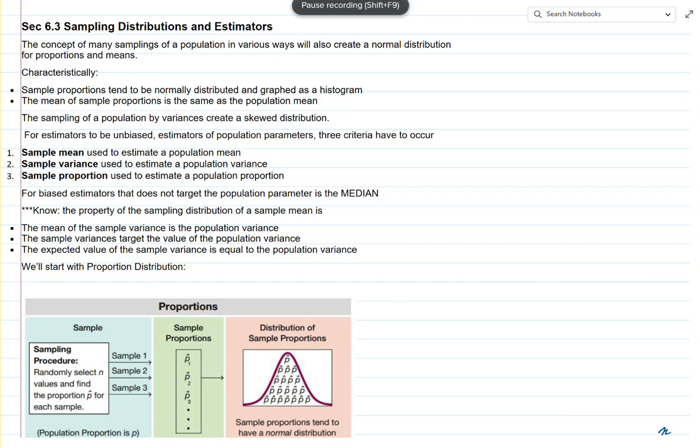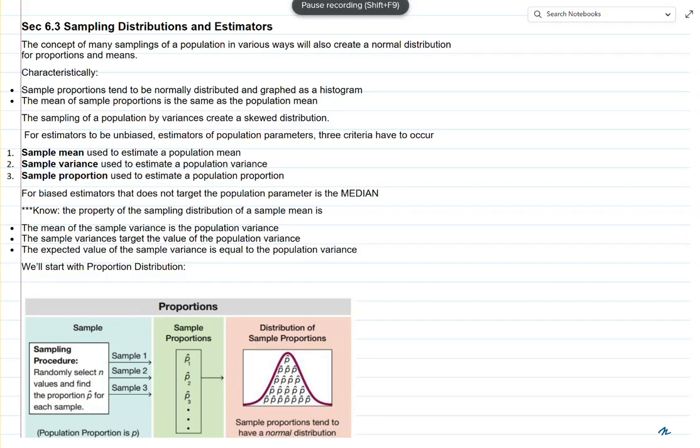So we begin with the concept of many samplings of the population in various ways to create a normal distribution of proportions and means. Characteristically, sample proportions tend to be normally distributed and graphed as a histogram. That's once we get a sample out of the population.